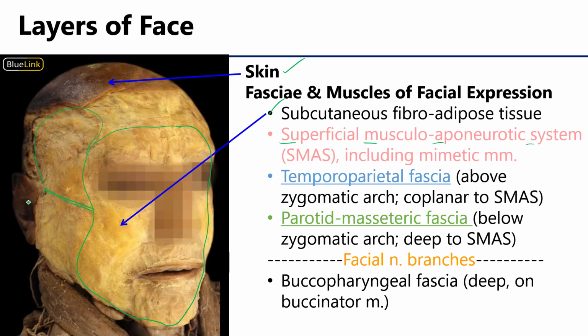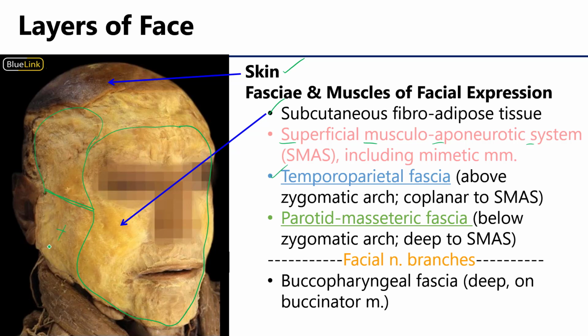We call this the temporoparietal fascia. So this is very well named. Again, it's coplanar to the SMAS, superior to the zygomatic arch. So that's going to leave an area that is inferior to the zygomatic arch.